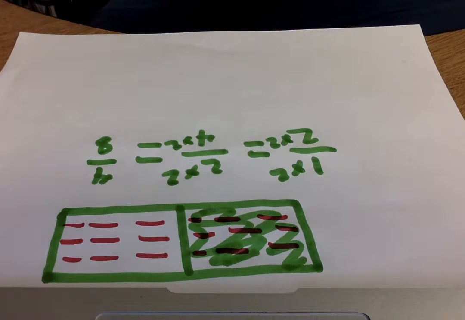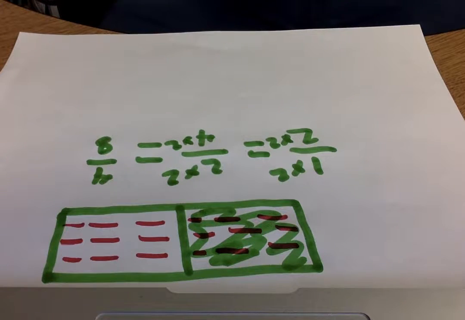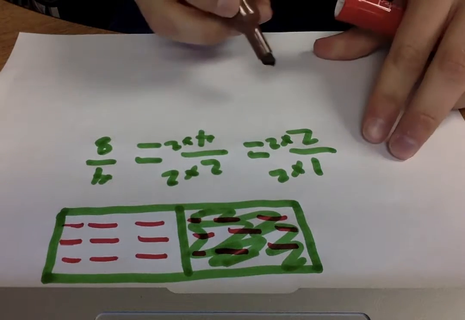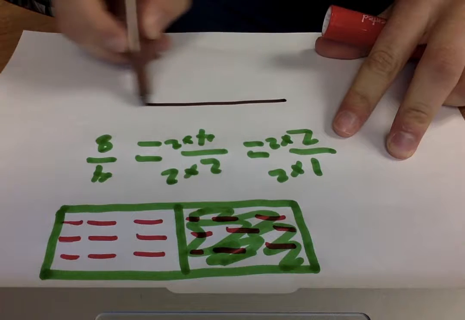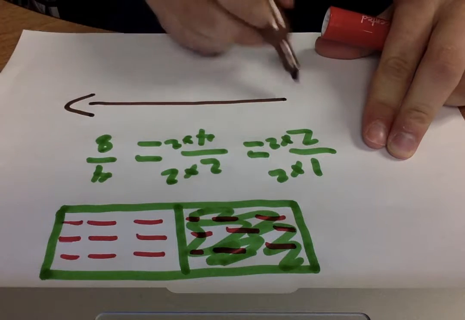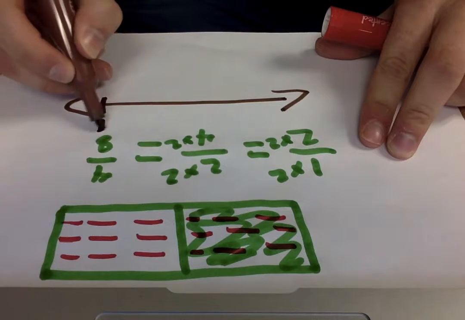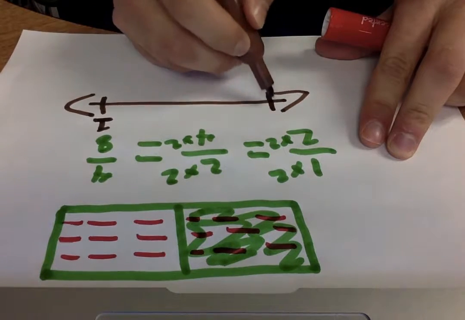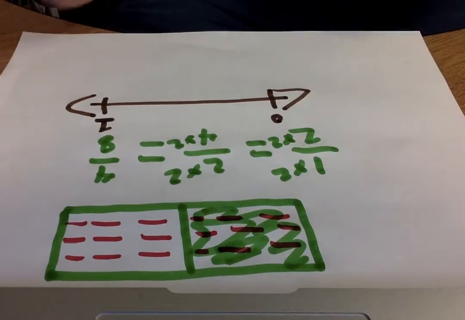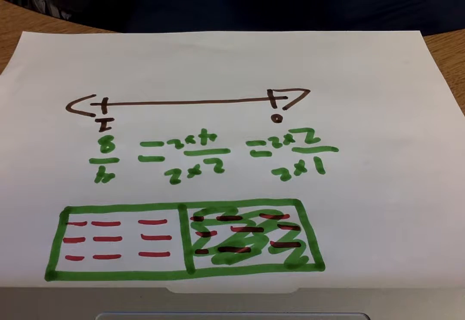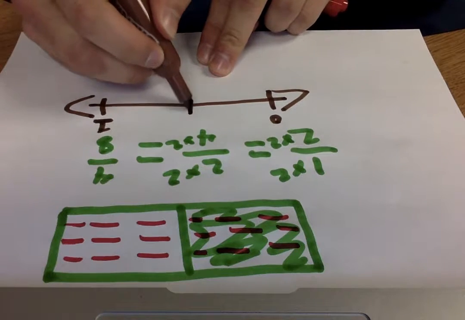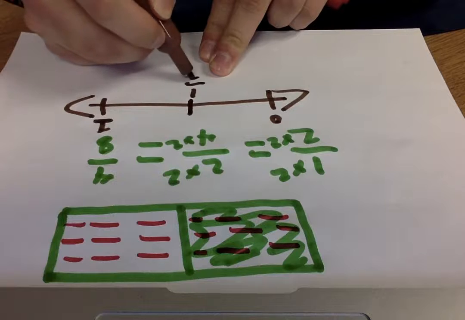And I can do the exact same thing with the number line. So I'm going to draw my number line, draw my arrows to show that it is always able to continue and still go. Start with 1 whole and 0. I know that I'm going to add my benchmark number of 1/2.